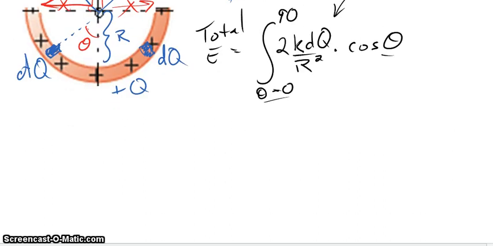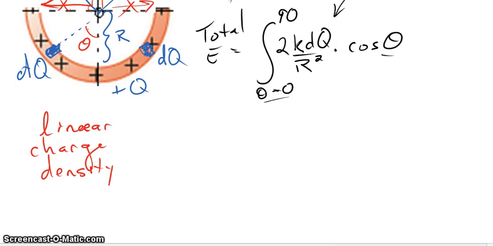Here's the trick. Here's what we're going to look at. There's a quantity called linear charge density. And that is important here. The linear charge density is fixed, is constant throughout this entire arc. Now, sometimes we use the symbol lambda for linear charge density. On this problem, you don't really have to introduce lambda because we're going to look at it as a ratio.